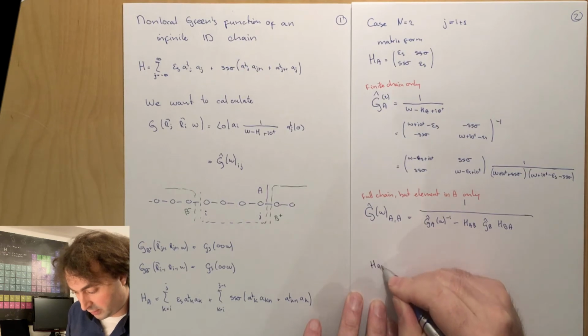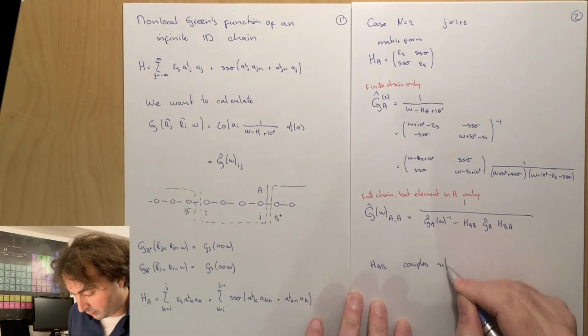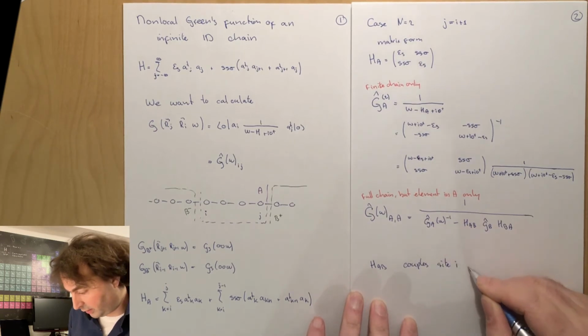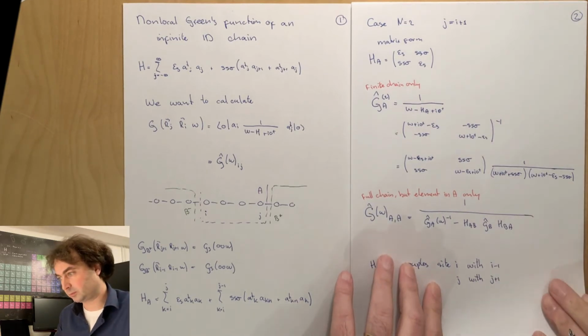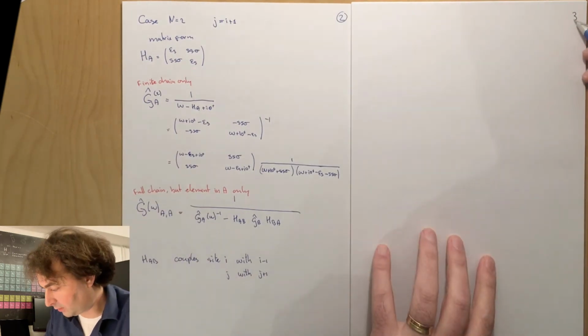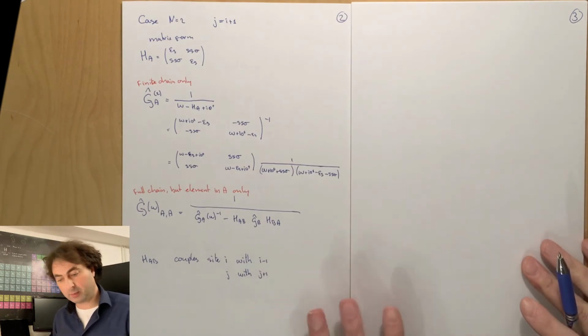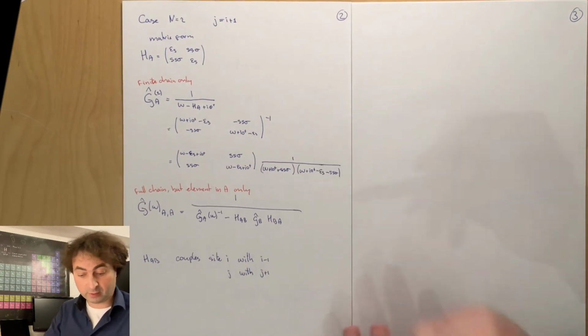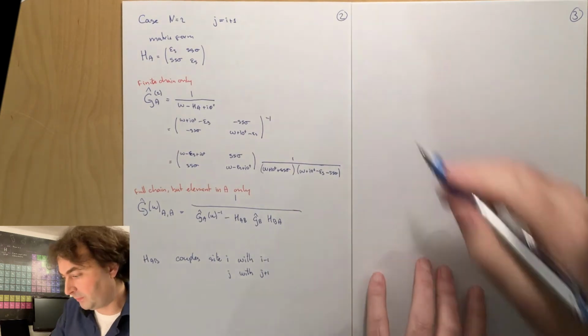Our Hamiltonian H_AB couples site i with i minus 1 and site j with j plus 1. So we do not need the full propagator and all its elements in subsystem B. We can only excite to state i minus 1 or state j plus 1.